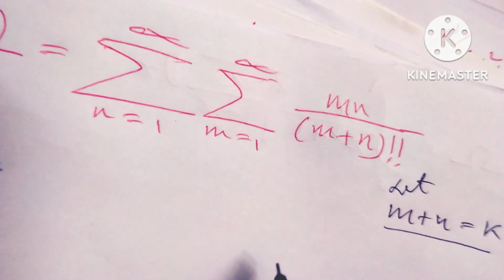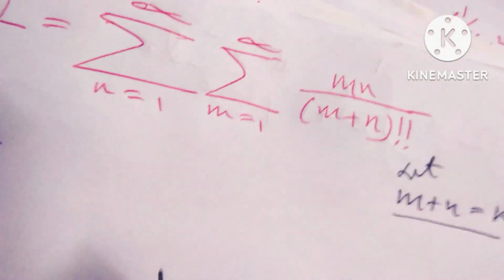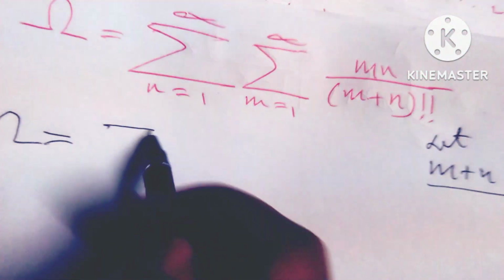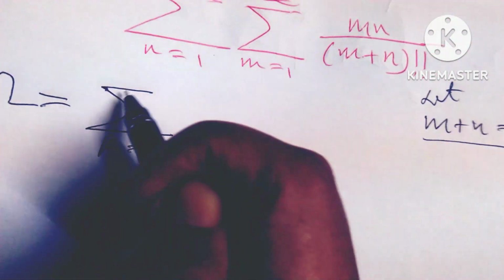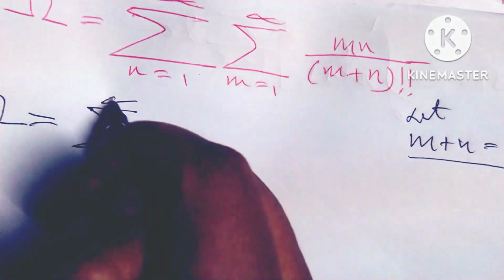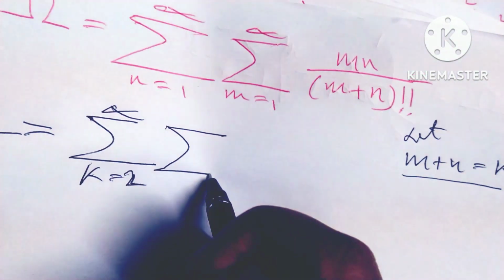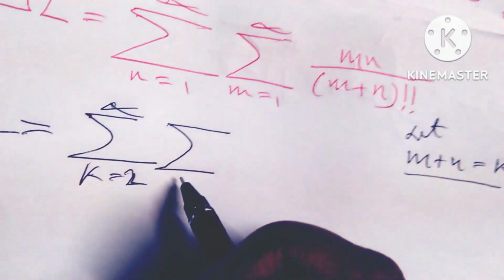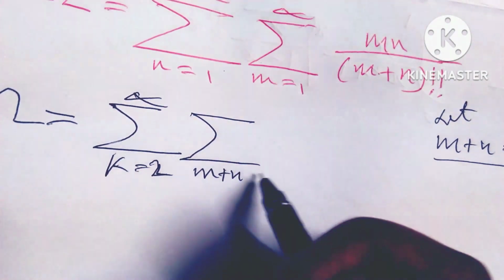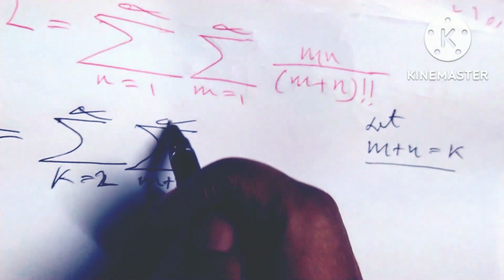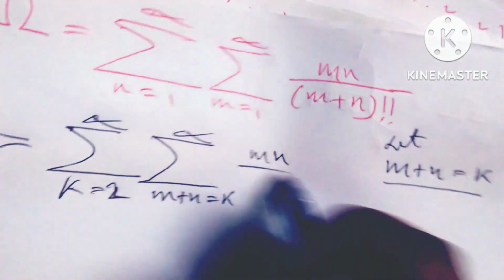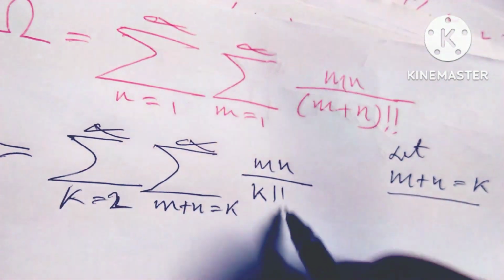So the problem can be written this way: k equals 2 to infinity, m plus n equals k, mn divided by k double factorial.